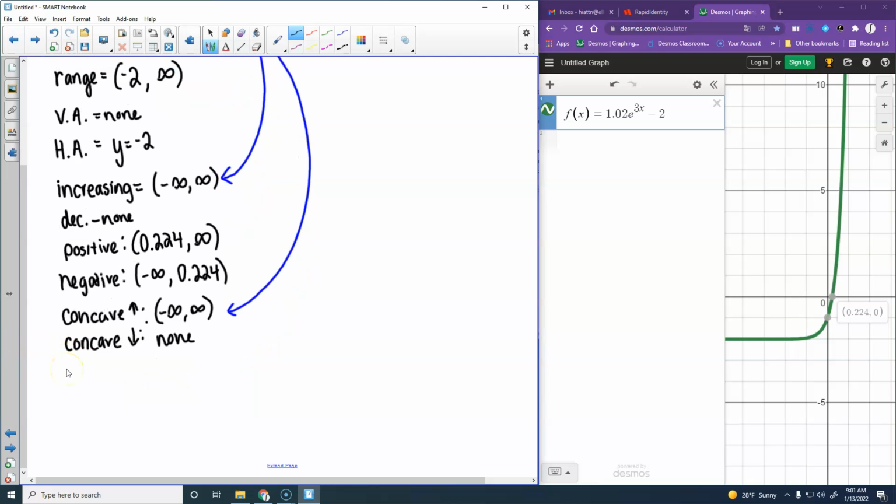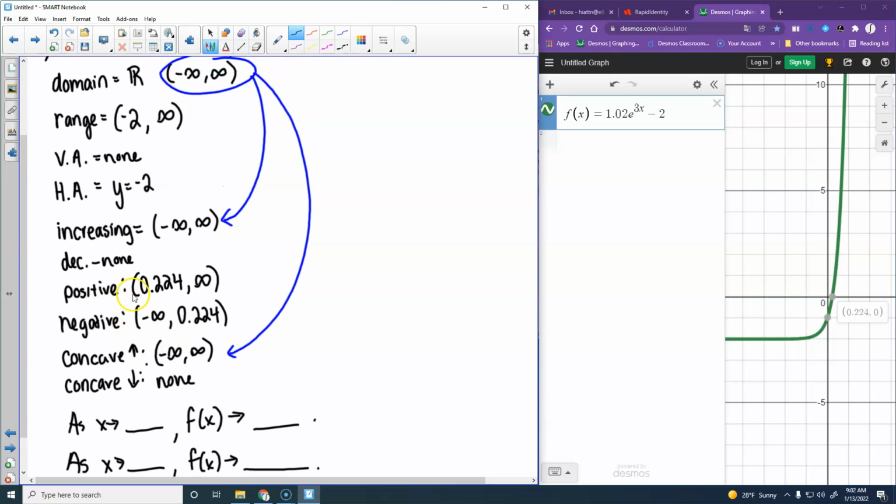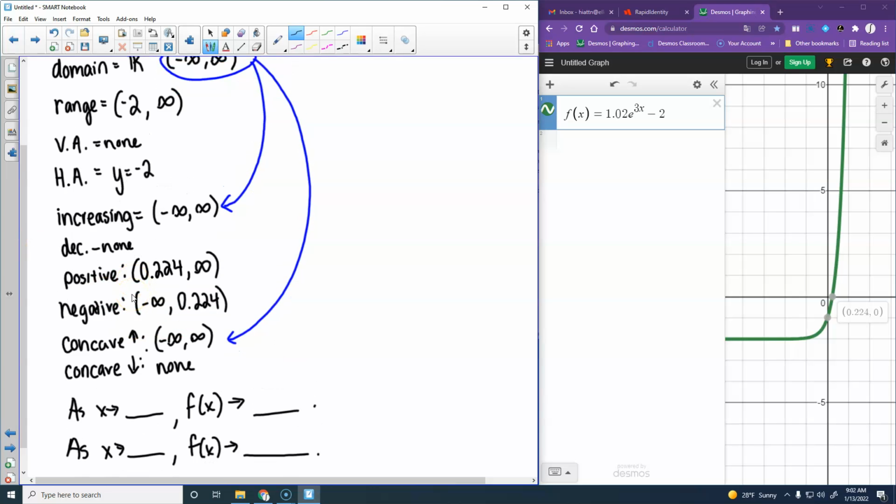And then on that last part, we've got: as x approaches blank, f of x approaches blank, and then it says it again, as x approaches blank, f of x approaches blank. So this is your end behavior stuff. Whenever we're doing these problems, again, we're pulling from the domain.